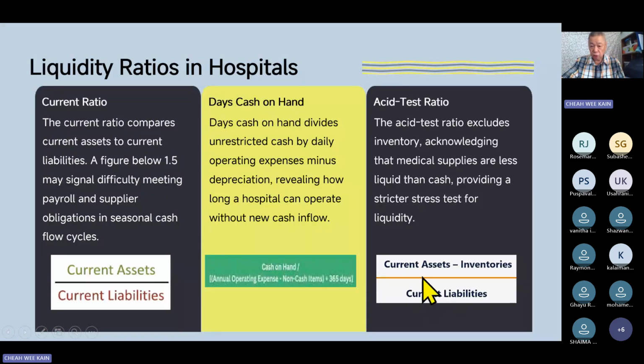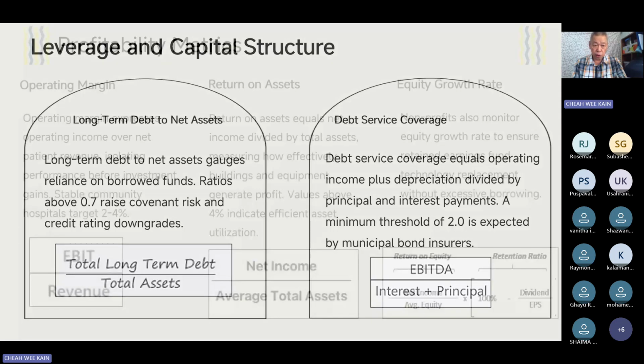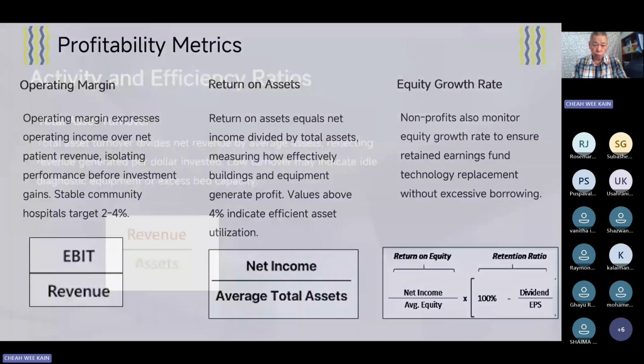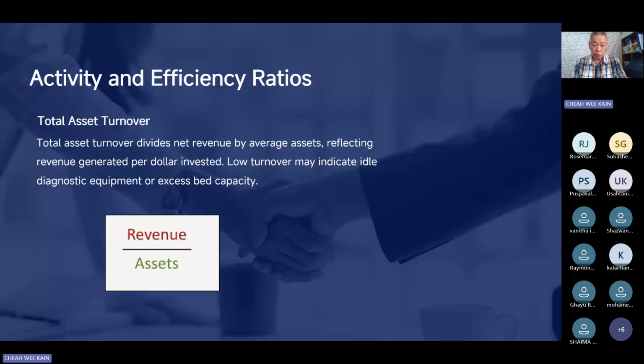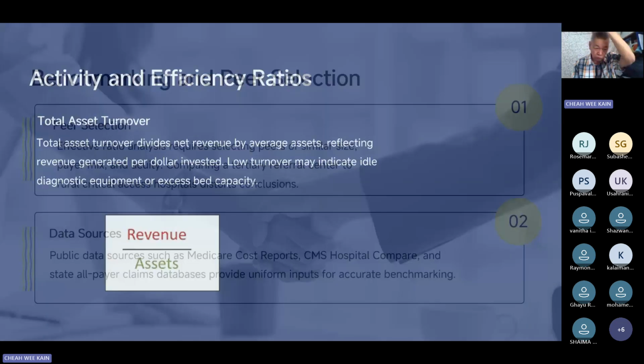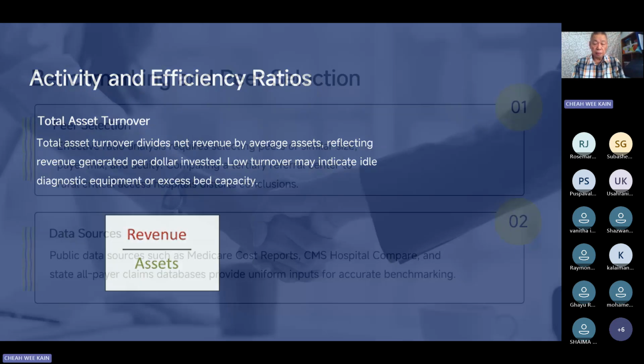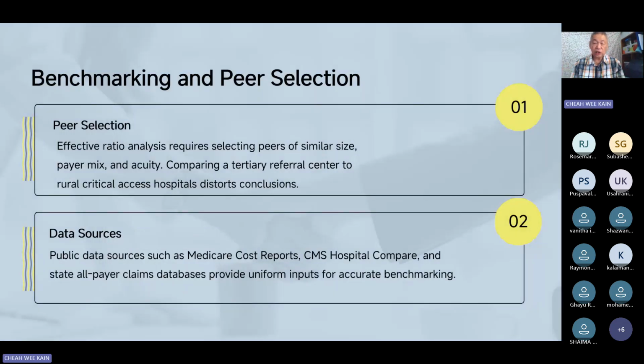Asset ratio: immediately we must pay people. Then you have leverage and capital structure ratios. There are so many ratios, and on top, all the ratios have comments, so please look into it. Profitability ratio and activity efficiency ratio all have formulas there. This is used for benchmarking and peer selection.